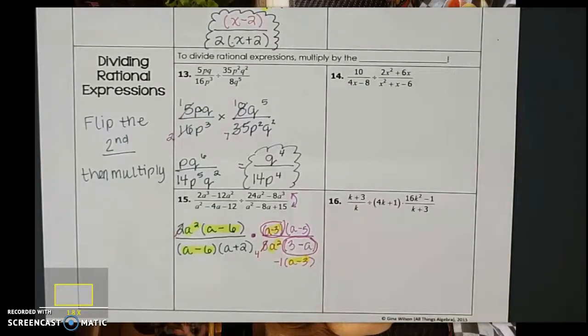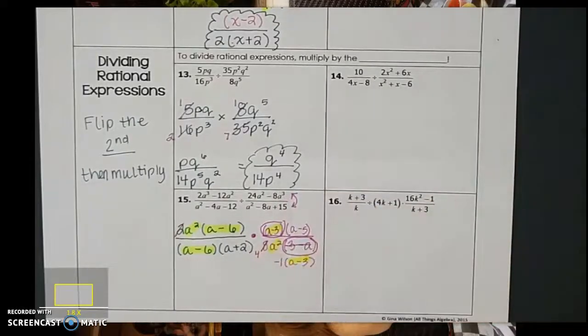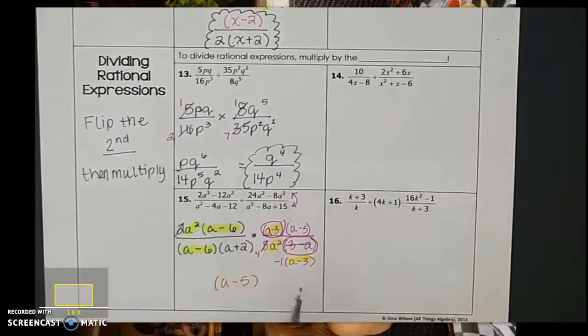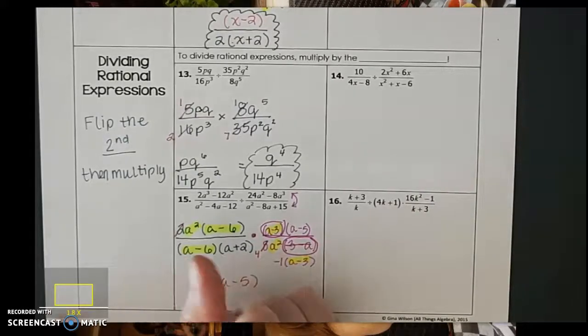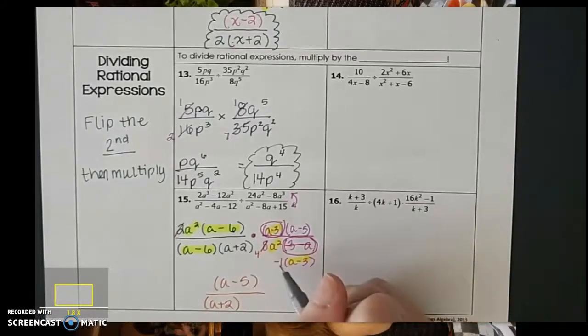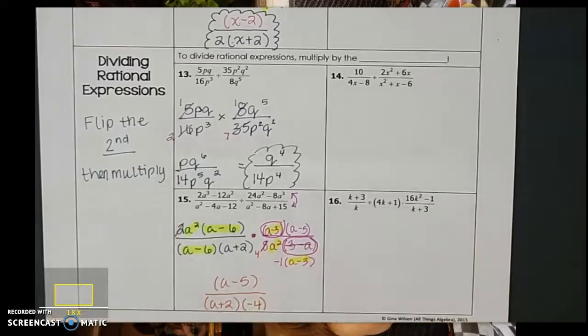Let me cross this out so we don't get confused with what we have left. I have nothing left in the numerator here, but I do have an a minus 5. And then what's left in the denominator? I have an a plus 2 and a 4 times a -1. So that's -4. And that would be our final answer.